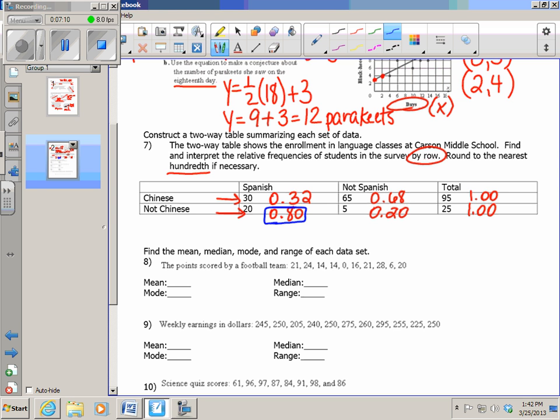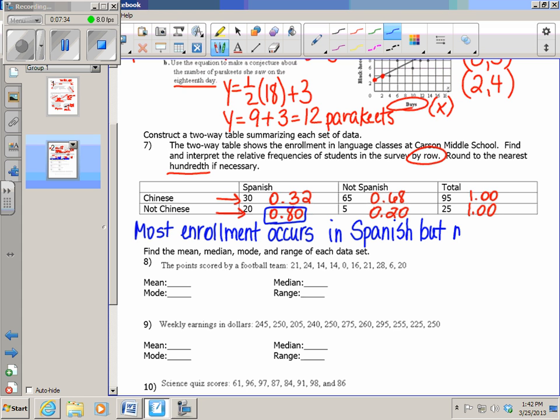And that means that the most enrollment occurs in Spanish, but not Chinese.